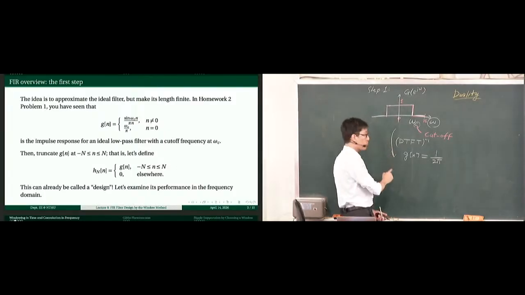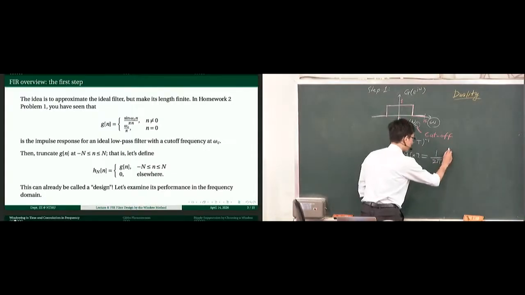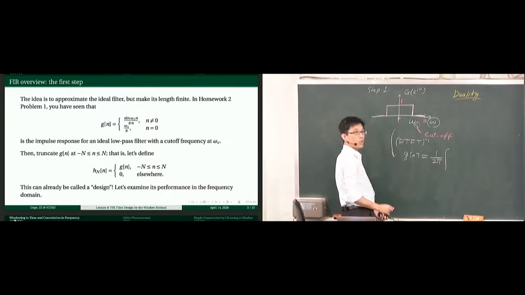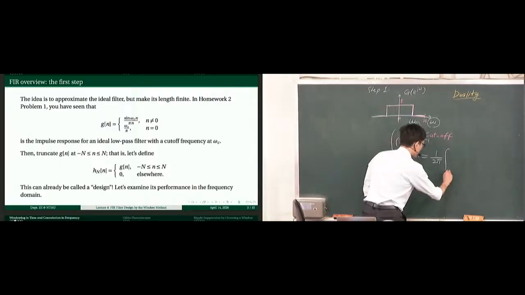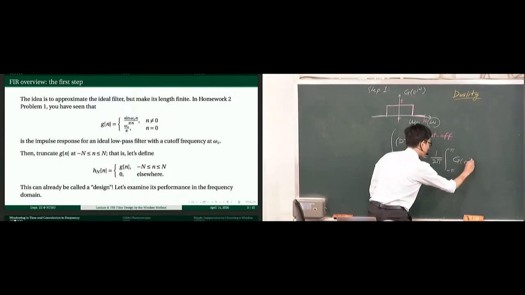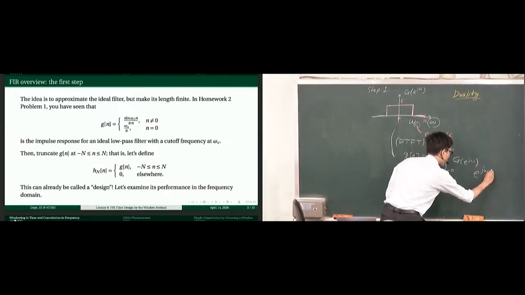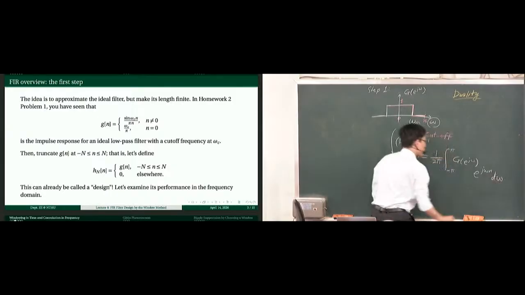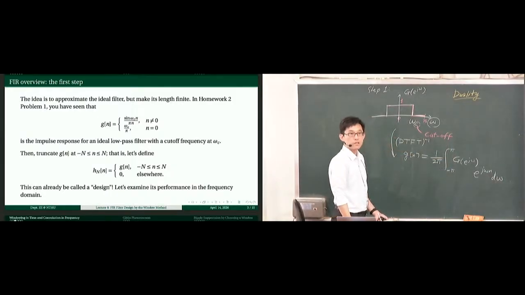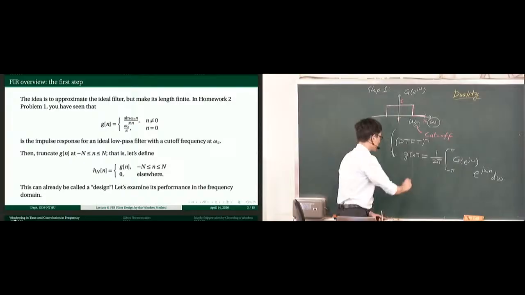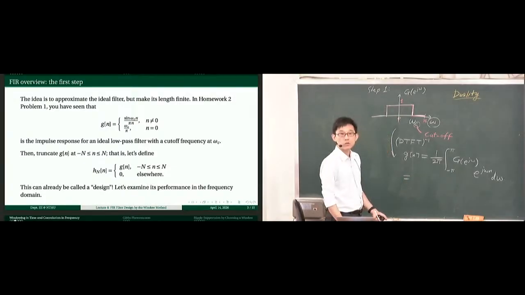Let's review what the inverse DTFT is. The inverse DTFT equals 1 over 2π times the integral of G(e^{jω}) e^{jωn} dω, accumulating over all frequencies. Using this, you realize the result is our good old friend, a sinc function in discrete time.